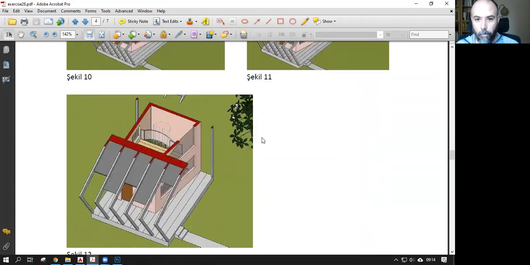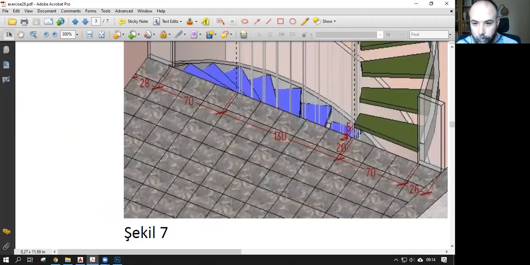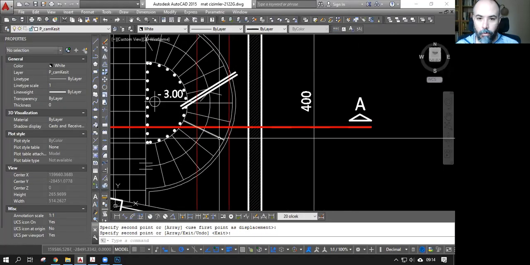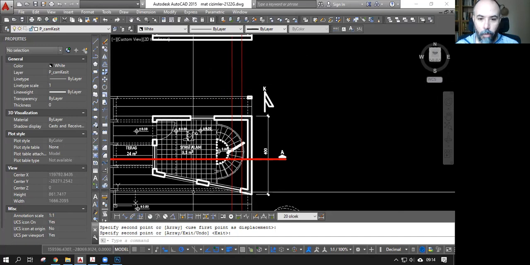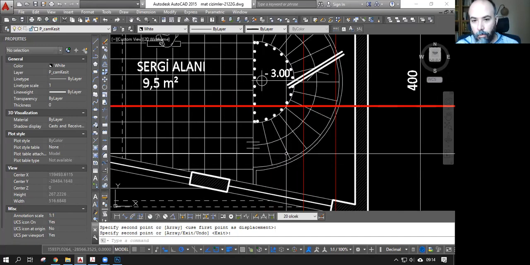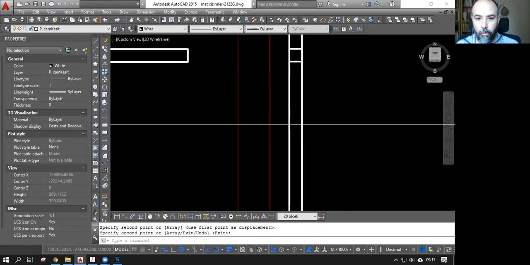So I am going to check the riser height. It's here. It's 20 centimeters in total, and each step has a 5 centimeter thickness. So I will count 1, 2, 3, 4, 5, 6. I am going to calculate.